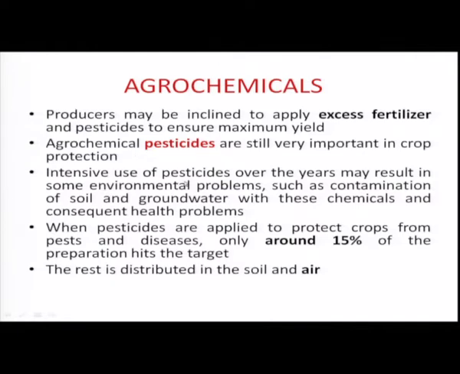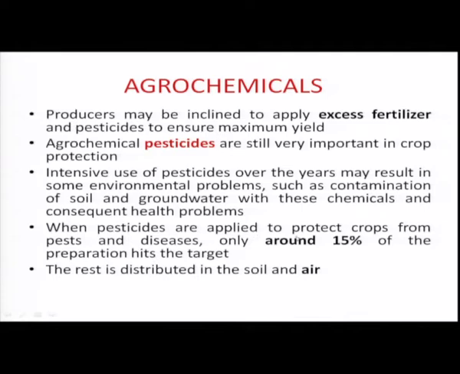And intensive use of pesticide over the years may result in some environmental problems, because most of these pesticides are non-biodegradable and persist in the environment for a longer time. That is a problem, such as contamination of soil and groundwater with these chemicals, and consequent health related issues due to the use of pesticide.